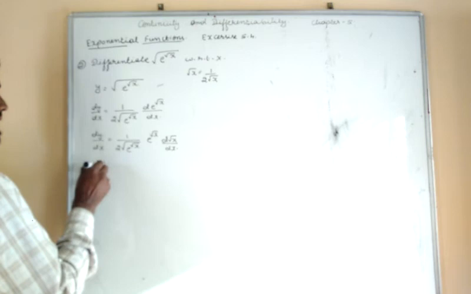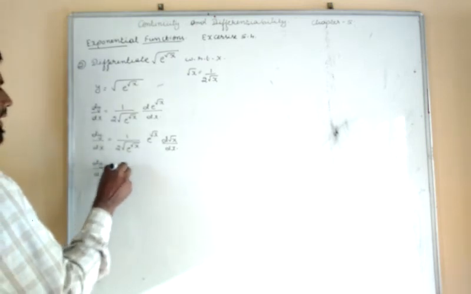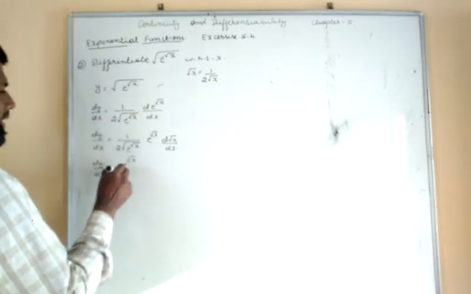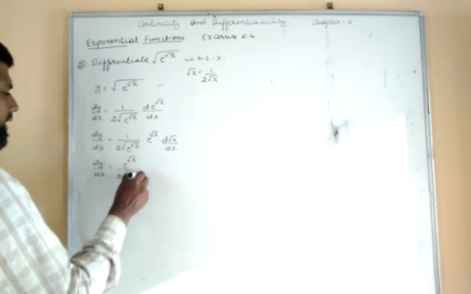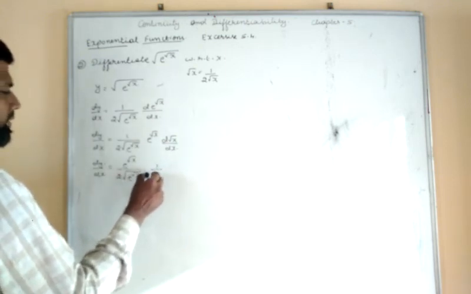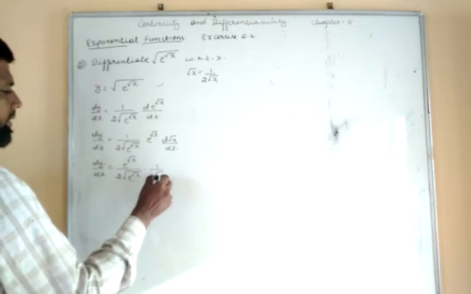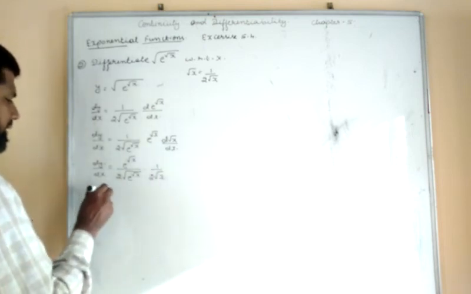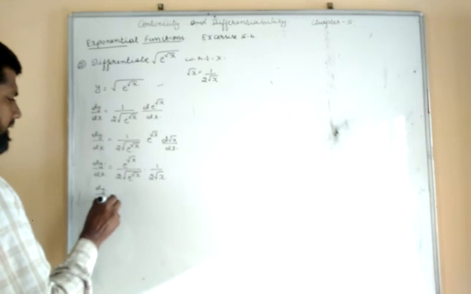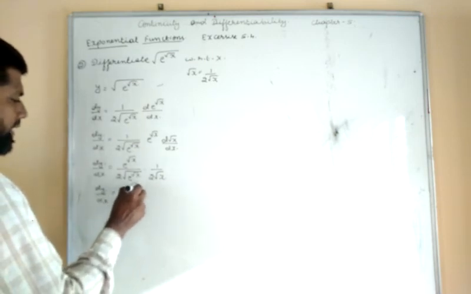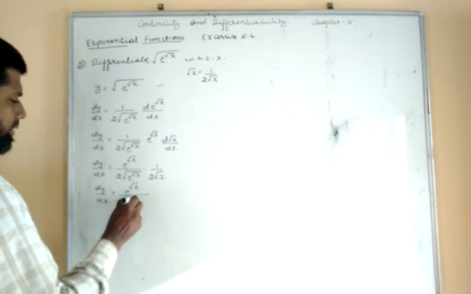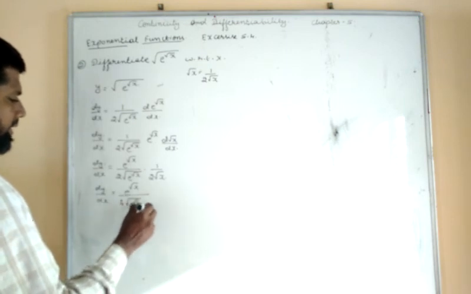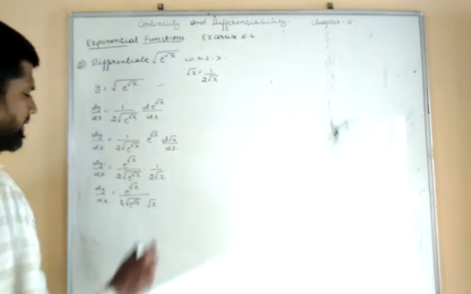Therefore dy by dx is equal to e to the power of root x by 2 root e to the power of root x into 1 by 2 root x. That can be written as dy by dx is equal to e to the power of root x by 2 twos are 4 root e to the power of root x into root x.